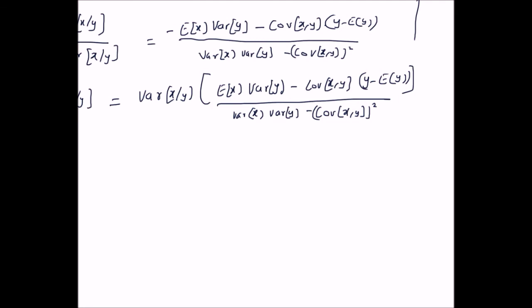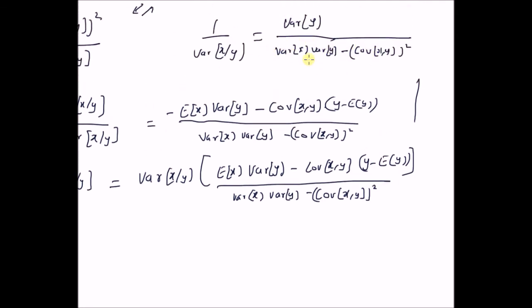And since variance of x given y is given by the denominator, the difference between the product of variance of x and y minus the square of covariance, over variance of y, by using this result we have 1 by variance of y multiplied by expectation of x, that is the prior mean, multiplied by the variance of y minus covariance of x comma y.